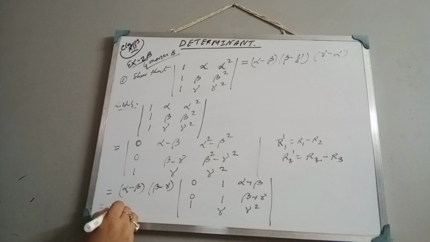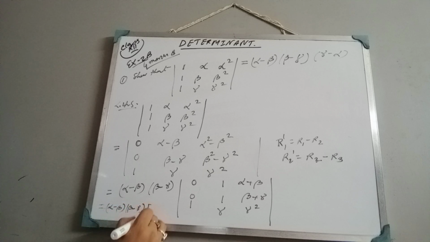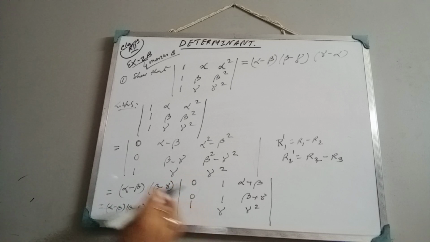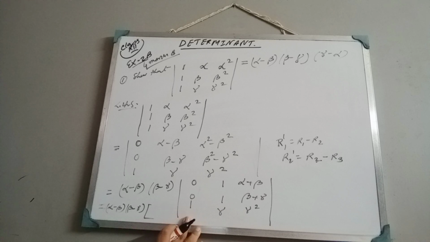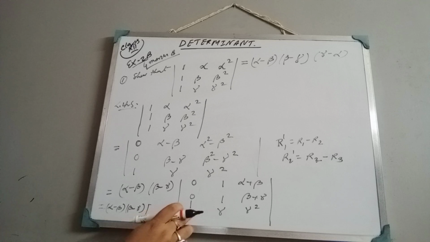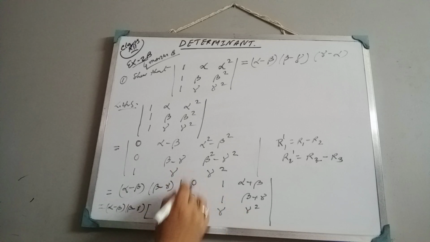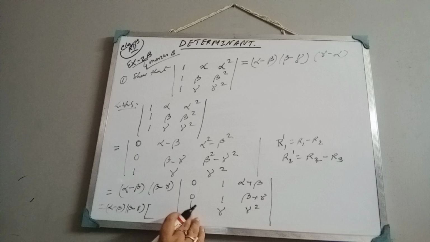So it is coming alpha minus beta into beta minus gamma into the expansion. The first two elements are 0, and the element is at the third row and the first column, the 3, 1 position.